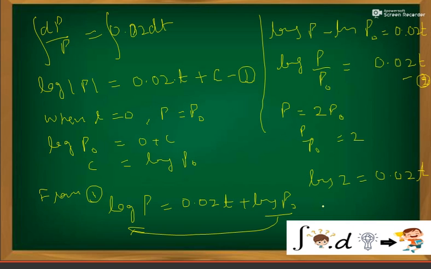It means we have to find the time t is equal to log 2 upon 0.02.